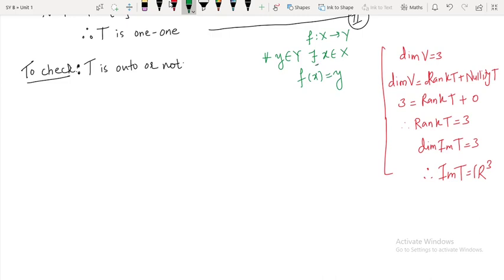There exists means we have to find. So let us take an element of codomain then. I will call it as u. Codomain is R3, so (u1, u2, u3) belonging to R3 be any element.